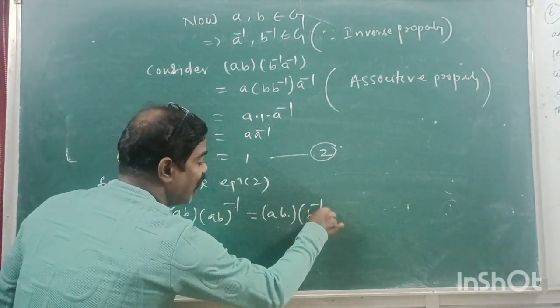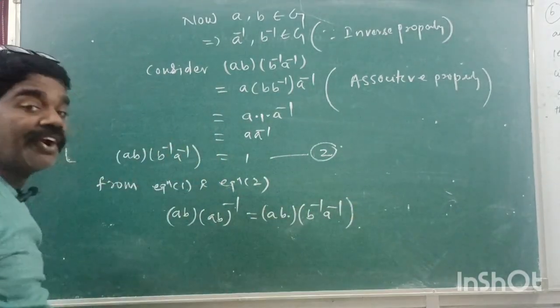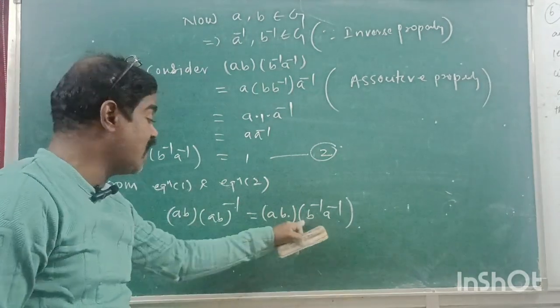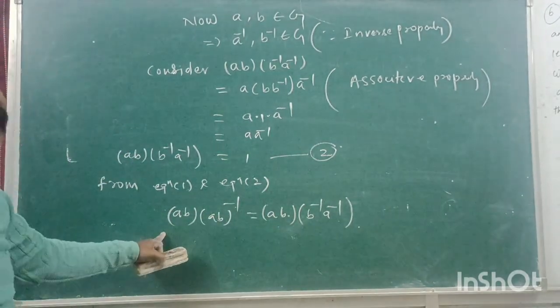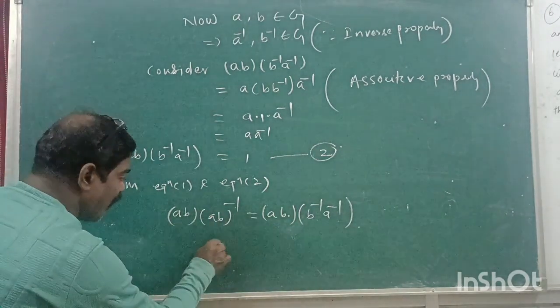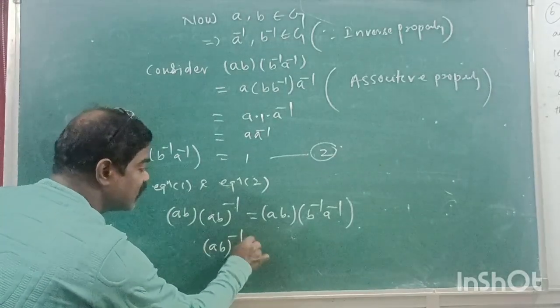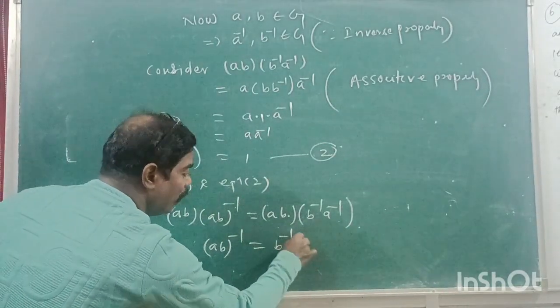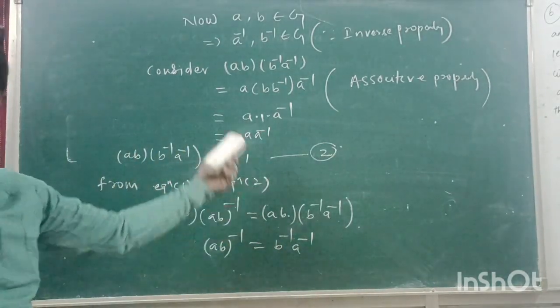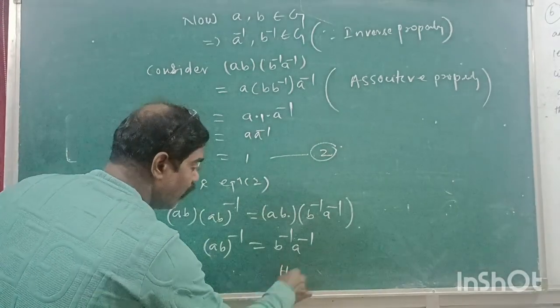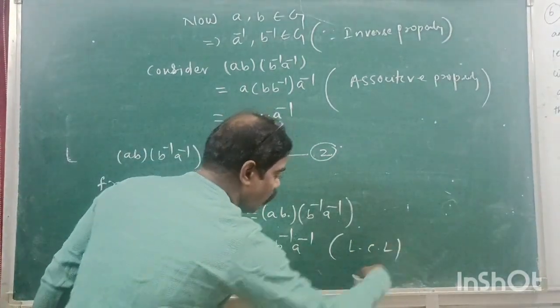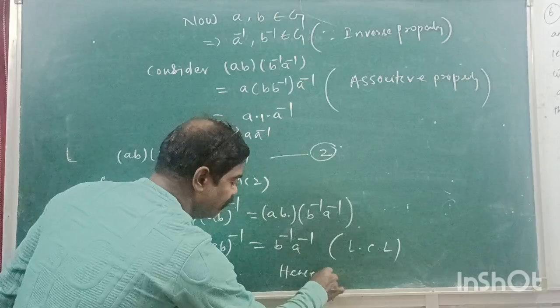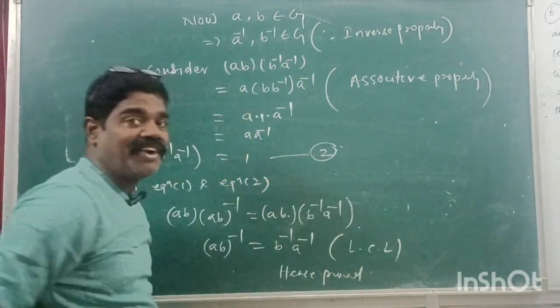B inverse, A inverse. Understand or not? Here again, which cancellation law? Left cancellation law. What we are getting? (AB) whole inverse is equal to what is that? B inverse, A inverse. Hence proved. Left cancellation law. Hence proved. Understand? Bye.